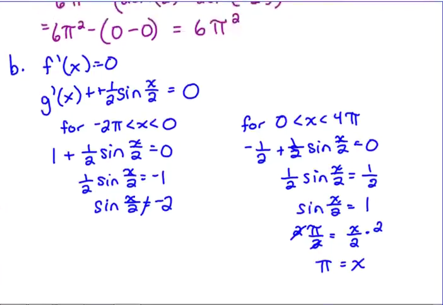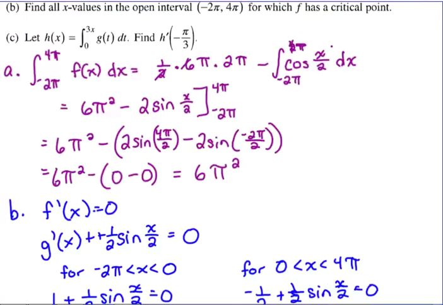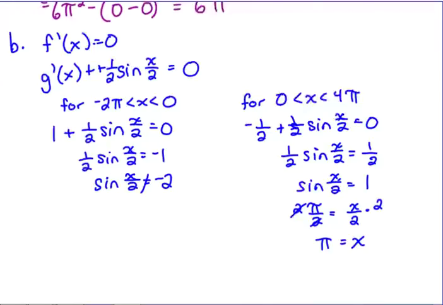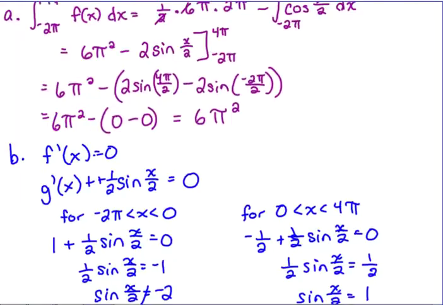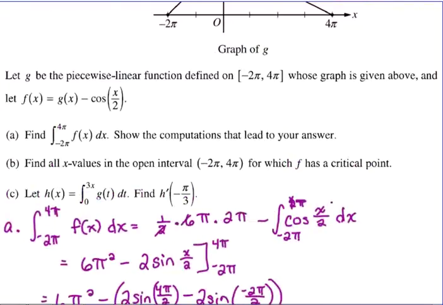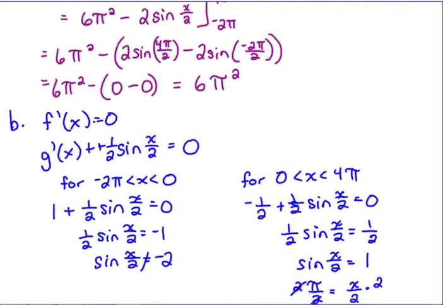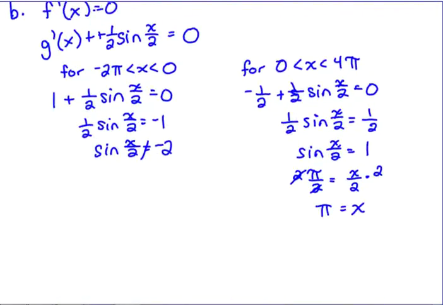But don't forget, we also get critical points where our function is undefined. So since we have a sharp point at 0, the derivative f prime of x does not exist at x equals 0.